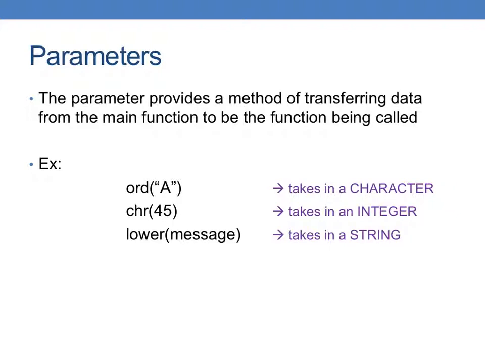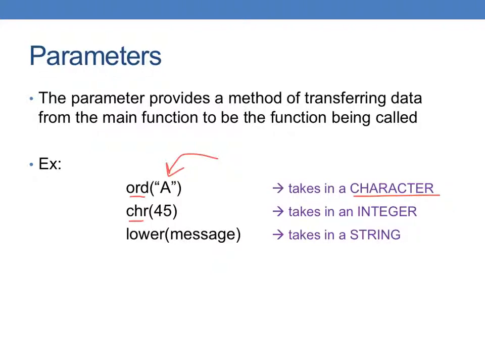Now, believe it or not, we've actually been using parameters for a while. Back in chapter 5, you used 3 different functions that required some sort of parameter. So the ord function that took in a character and spit out a number had a parameter of a character. And so the ord function, when it ran, needed that value in order to do its job.